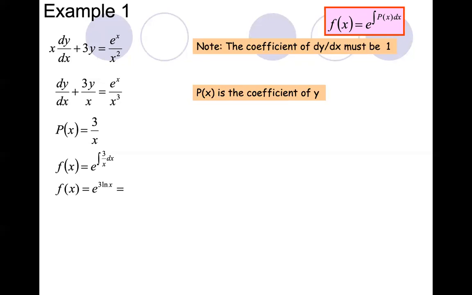And so if you integrate that, you get e raised to the power 3 ln x. We have to make it as simple as possible. e raised to the power 3 times ln x is the same as e raised to the power ln x cubed, right? And e raised to the power ln x cubed is just x cubed.